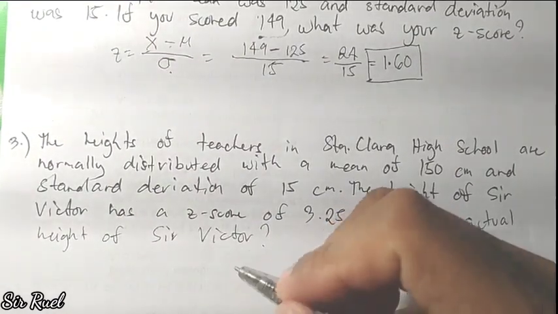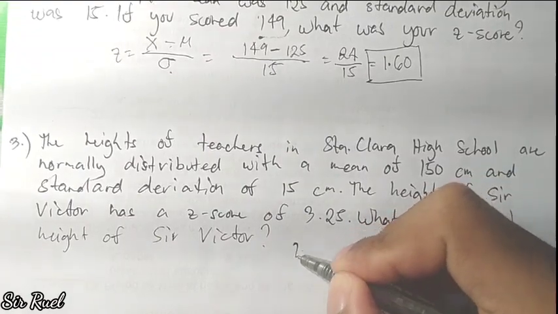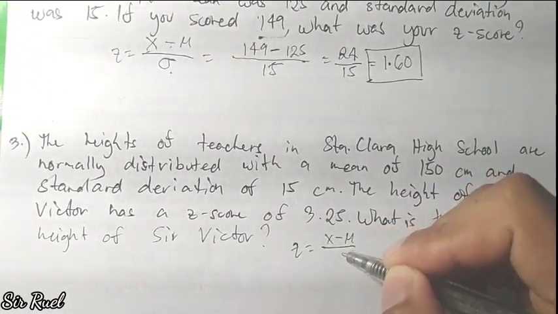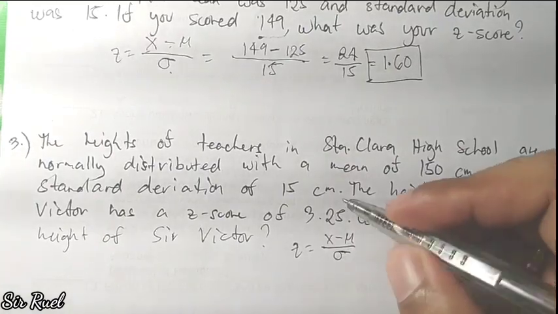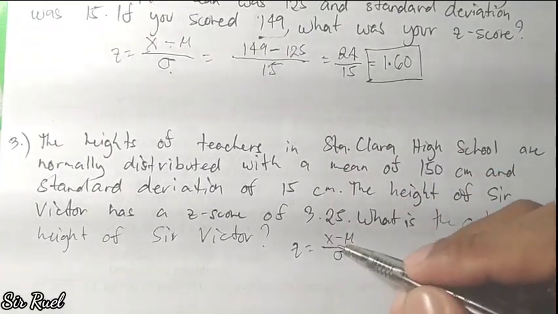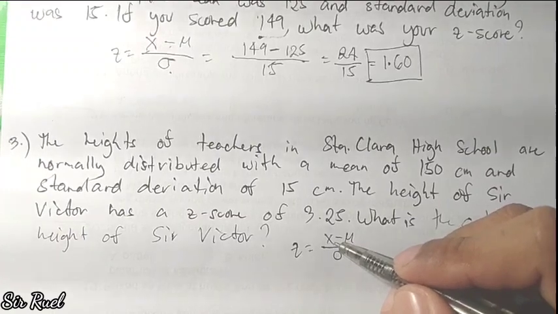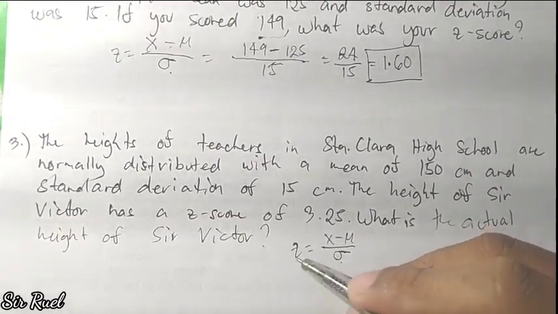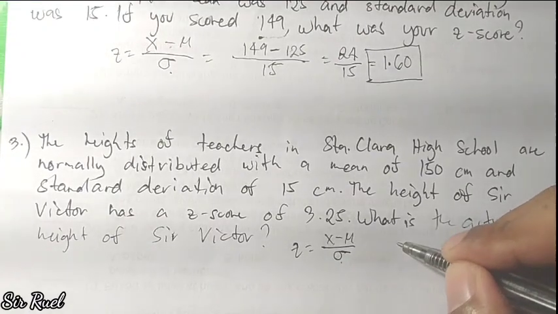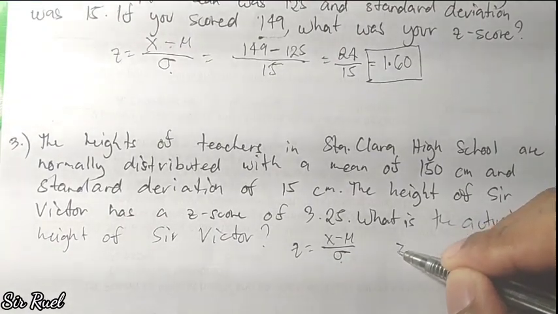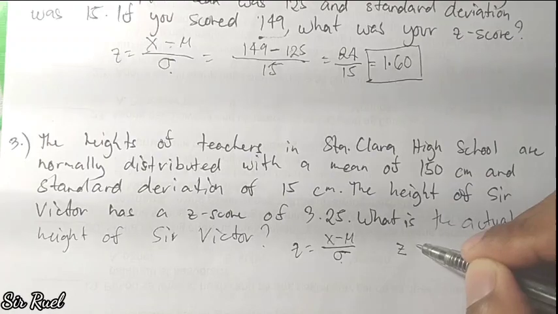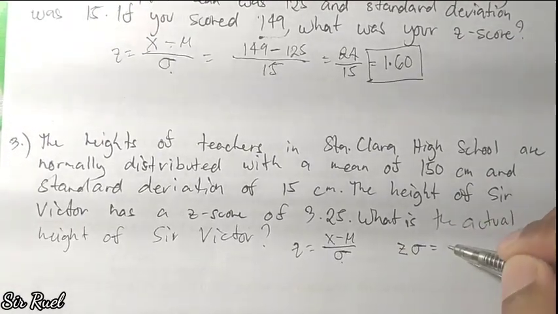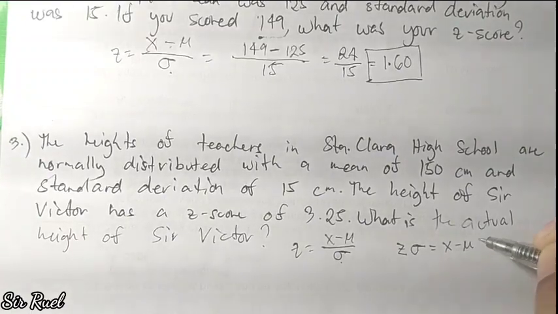So sa ating formula na z equals x minus mean divided by standard deviation, if we're going to modify this, para sa x yung hanapin natin, standard deviation times z, or z times standard deviation, equals x minus mean.